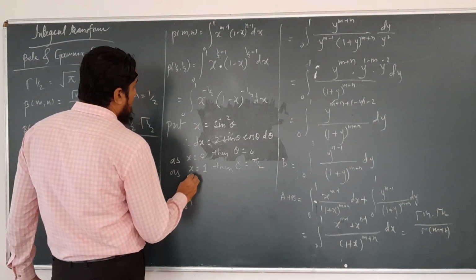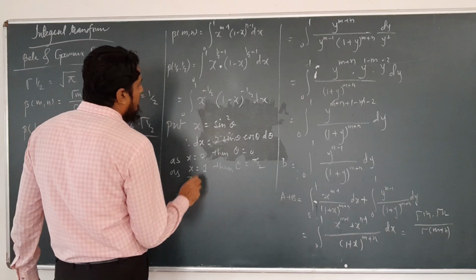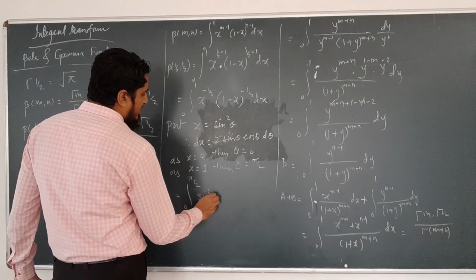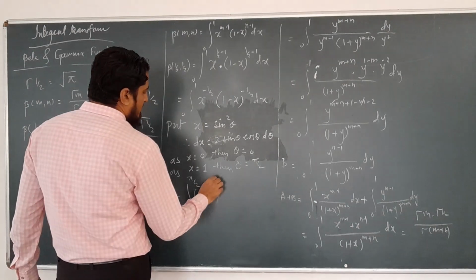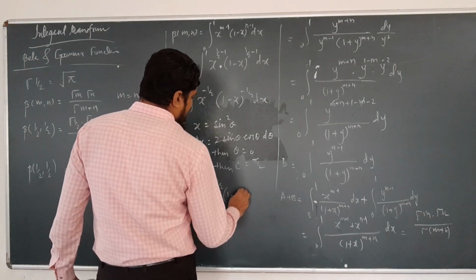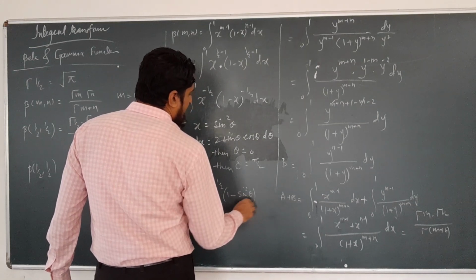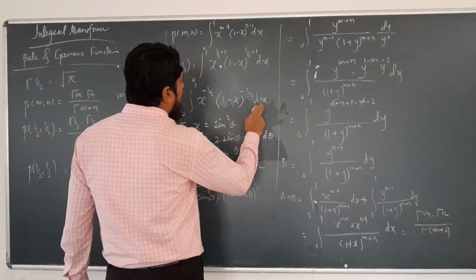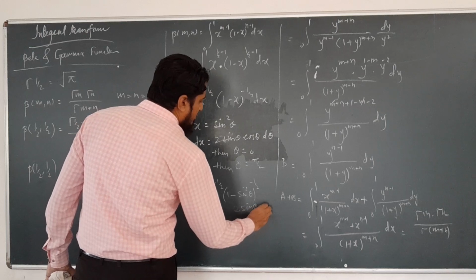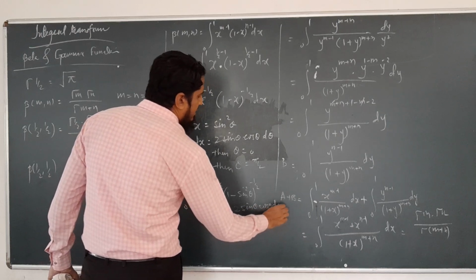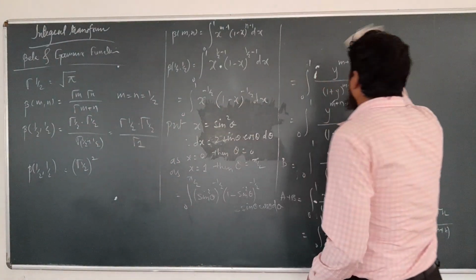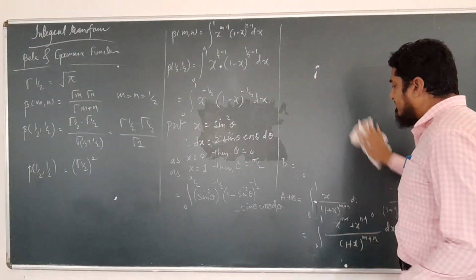And we know that integration from 0 to pi by 2, x is equal to sine square theta raised to minus 1 by 2, then 1 minus sine square theta raised to minus 1 by 2, and dx is equal to 2 sine theta cos theta d theta. Correct? Now, after that, we will try to simplify this equation.